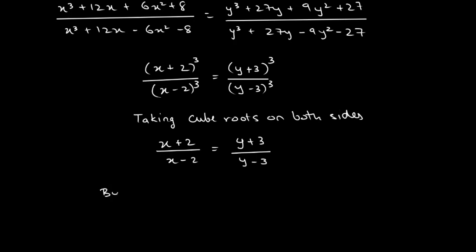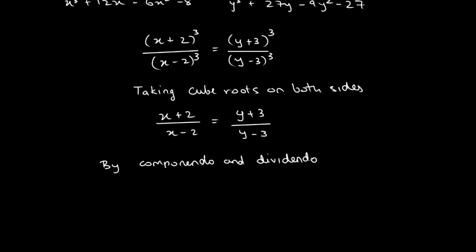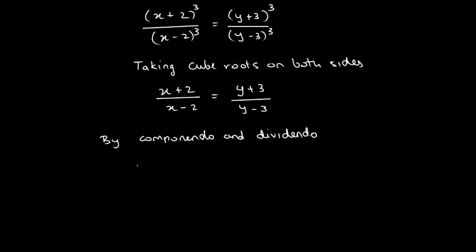So by componendo and dividendo, on my left hand side I have (x plus 2) plus (x minus 2), numerator plus denominator, upon numerator minus denominator, so (x plus 2) minus (x minus 2).